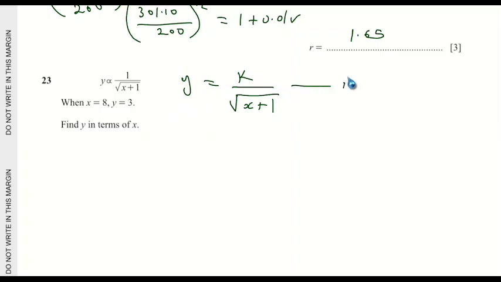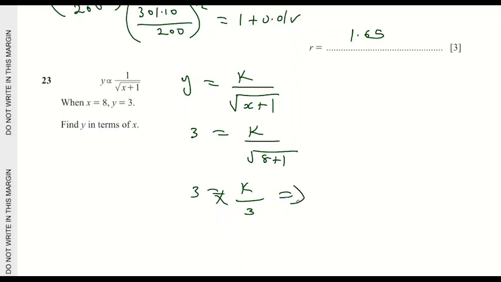So y equals 3, x equals 8: 3 equals k over square root of 8 plus 1, which is square root of 9, 3. So you cross multiply, which implies that k equals 9.